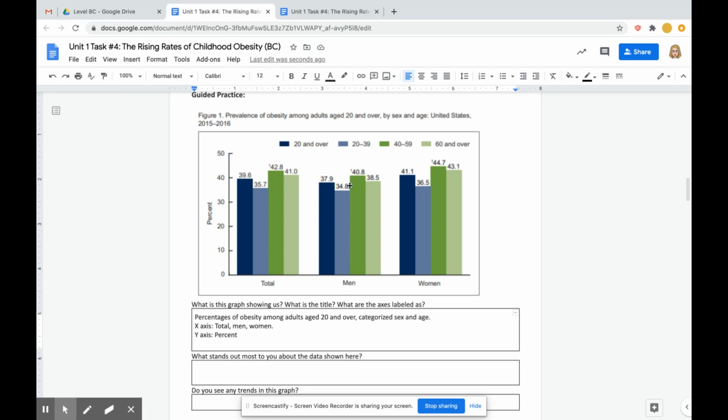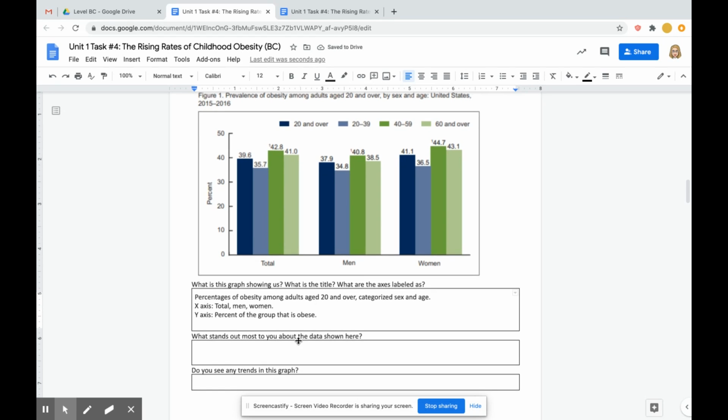So for example, if we look at the men, the very, very dark blue bar that's showing us men 20 and over, 37.9% of those men are obese. So we can write that the y-axis is percent of the group that is obese. Great, and so that's how you would answer the first question.